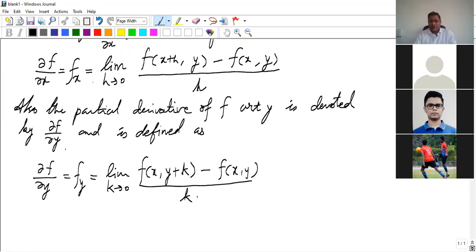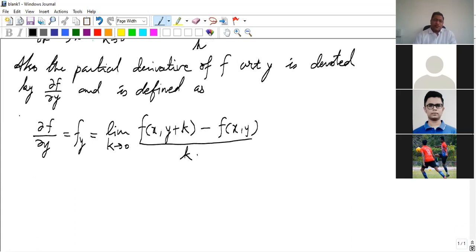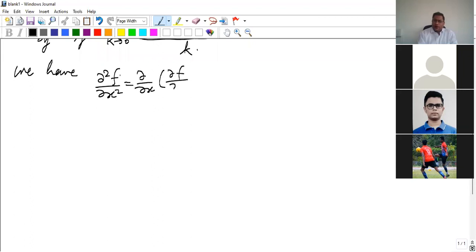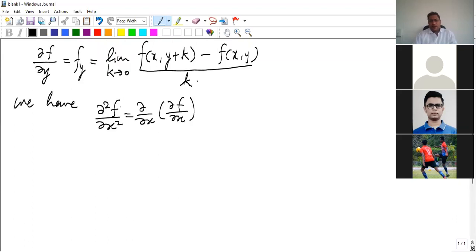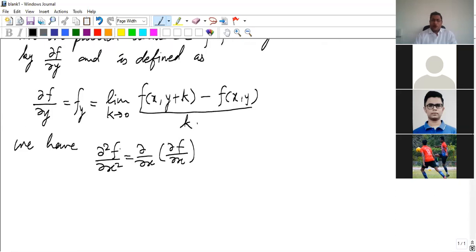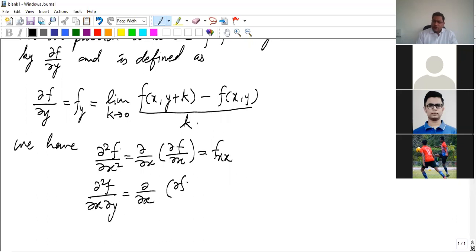The first gives ∂²f/∂x², which is ∂/∂x of ∂f/∂x: I differentiate ∂f/∂x again with respect to x, and we can write this as fxx. Now consider ∂²f/∂x∂y, which is ∂/∂x of ∂f/∂y. So it is going to be fxy.